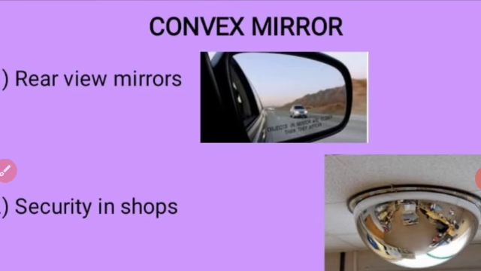But in this case, the object is actually closer than what appears to us in the mirror. So we may feel that the car is still far behind us, but the actual position of the car is closer to us. So that is the reason why this statement is written in the rear view mirrors of vehicles.